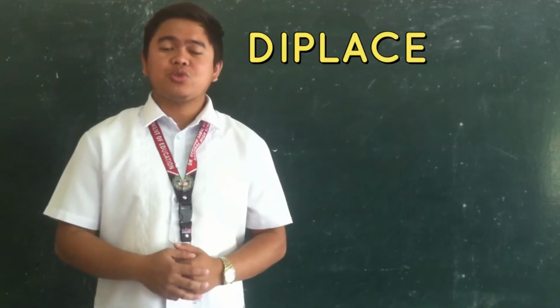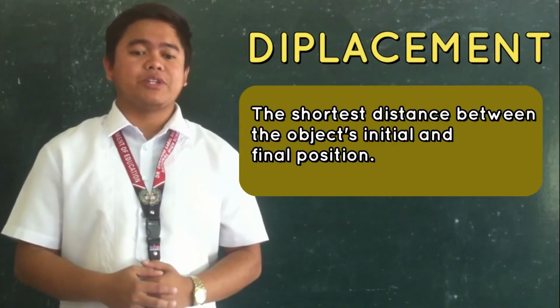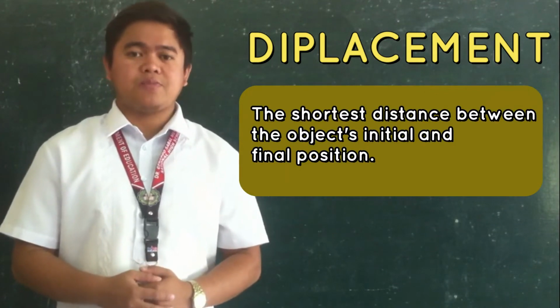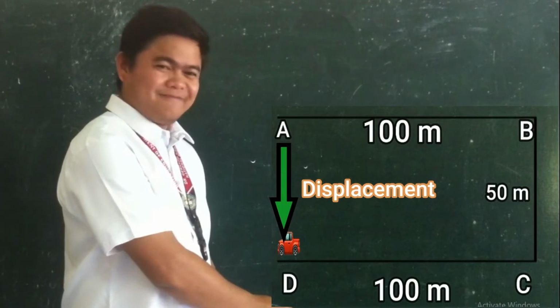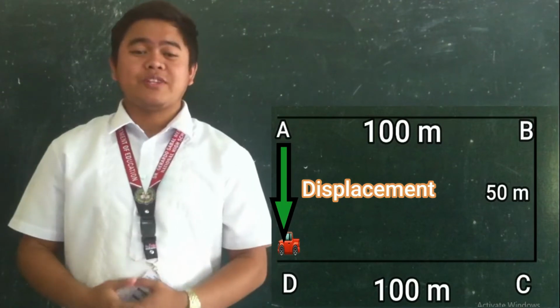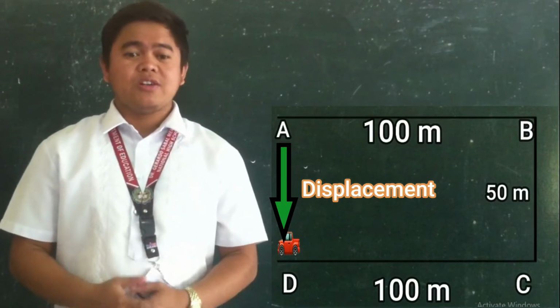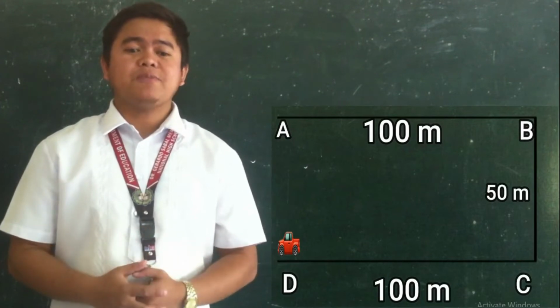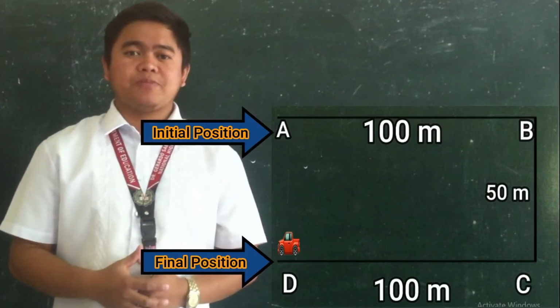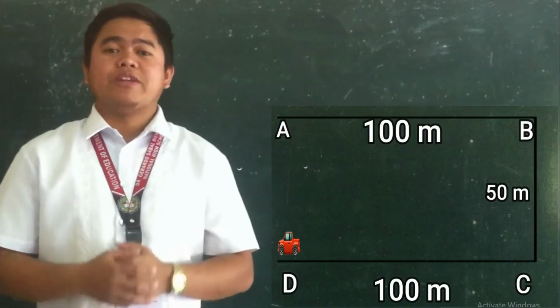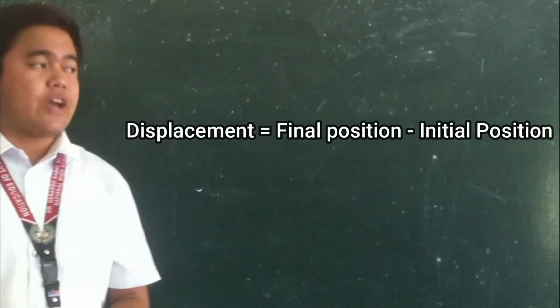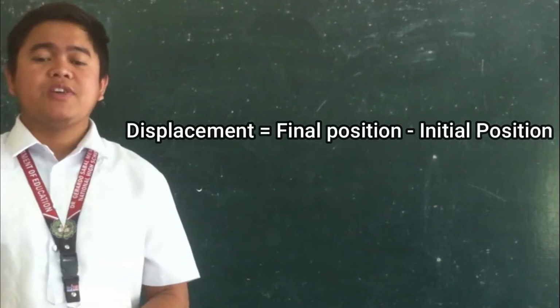Displacement is the shortest distance between the object's initial and final positions. To solve the displacement of the car, simply subtract the initial position from the final position. So we have displacement is equal to final position minus the initial position.